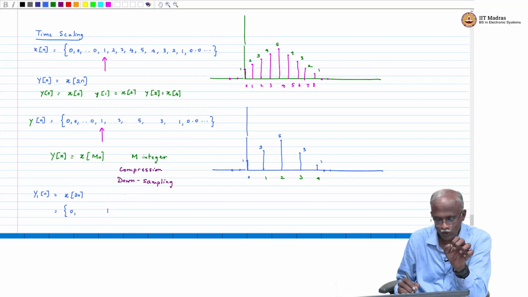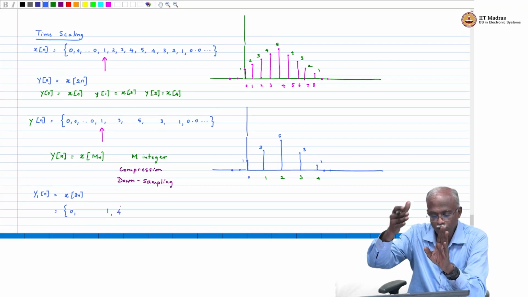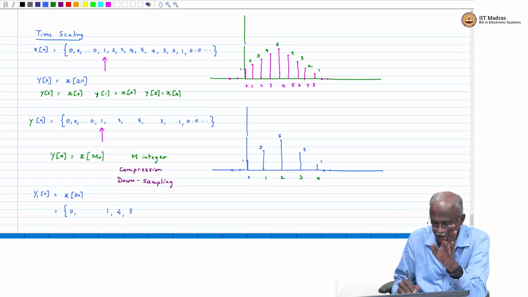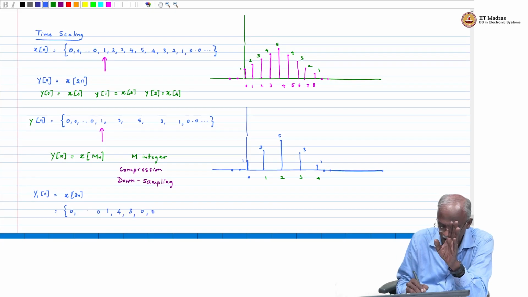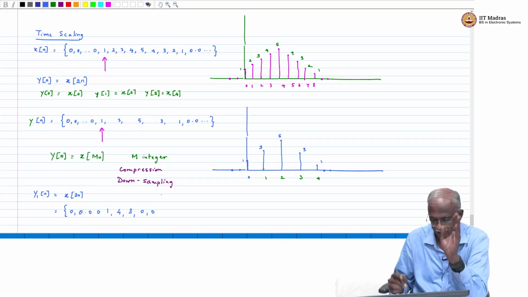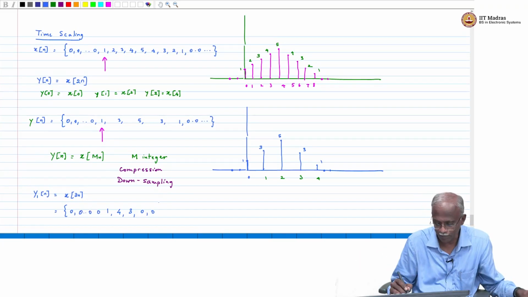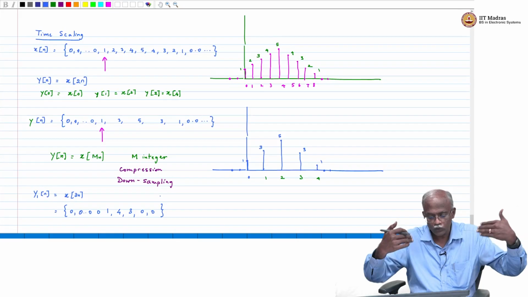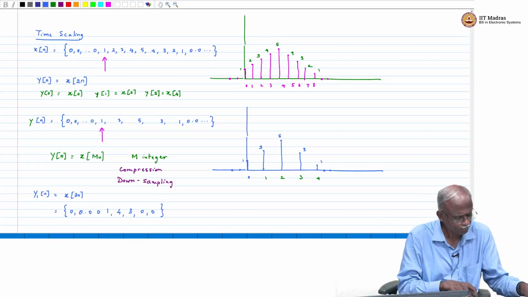So 2 and 3 got dropped, 4 will be the next sample. Then 5 and 4 got dropped, 3 will be the next non-zero sample, and then 2 and 1, and then zeros everywhere. So this would be the sequence that you would get for x of 3n. A fewer number of non-zero samples, and that's because you're doing the downsampling operation.